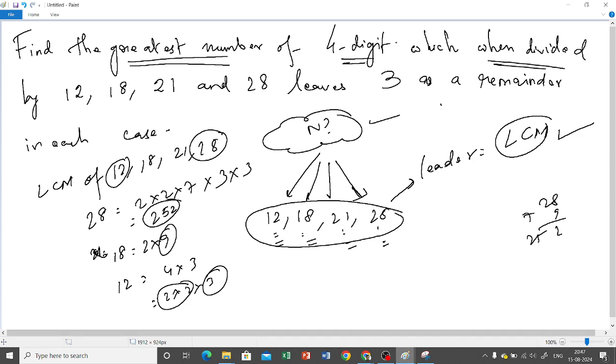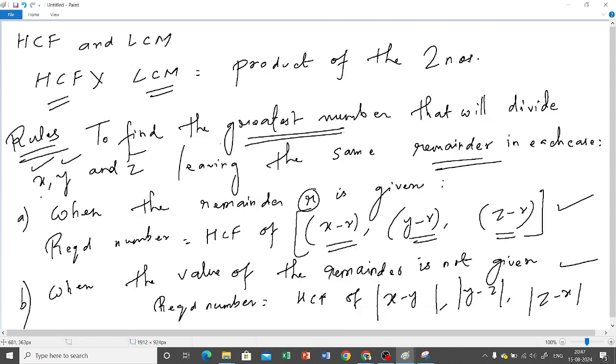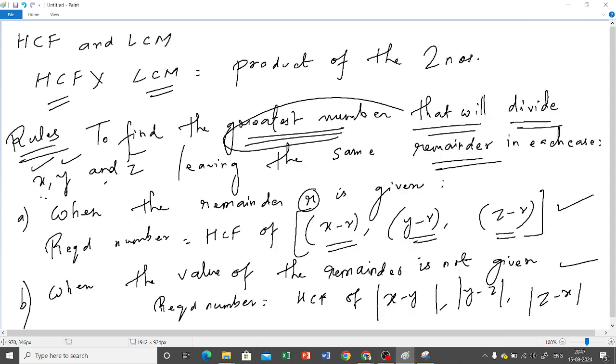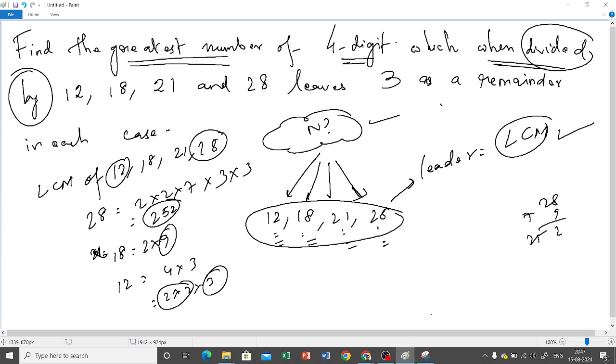In the rule, it is given to find the greatest number that will divide x, y, z, and here it is the greatest number which when divided by x, y, z. Both are different.